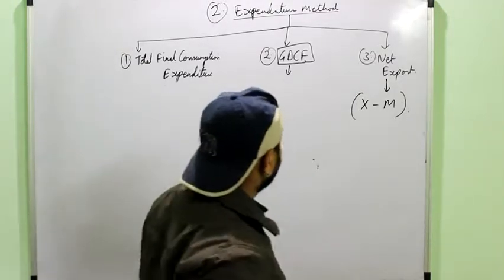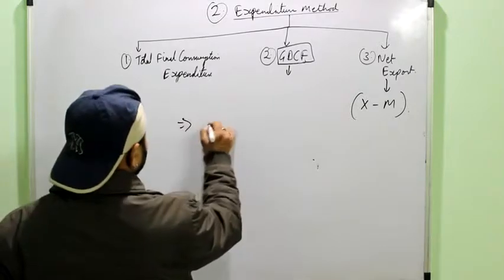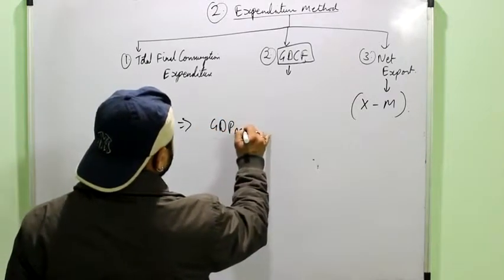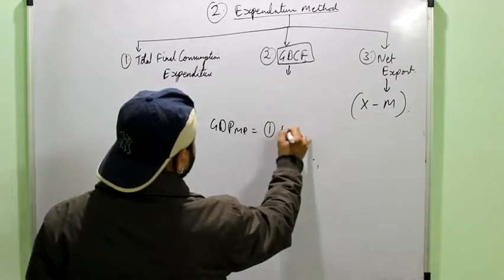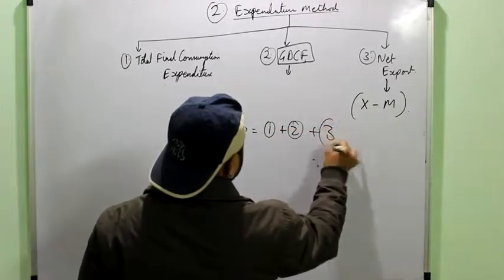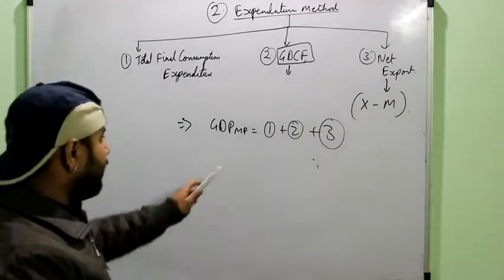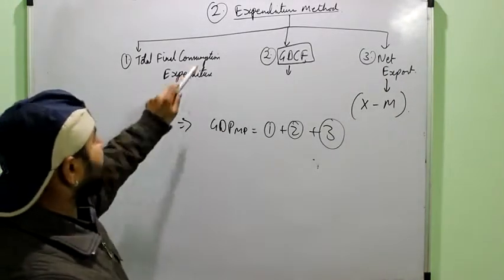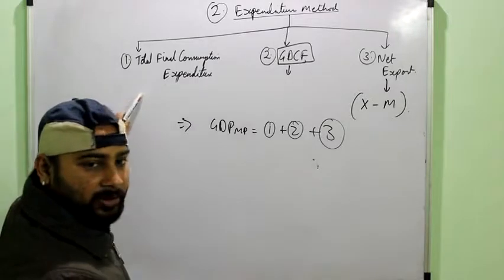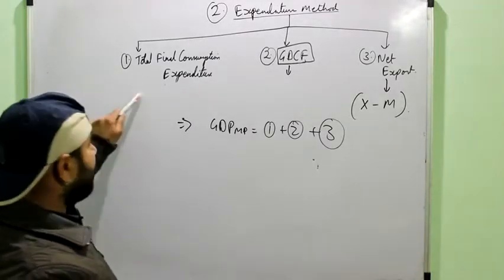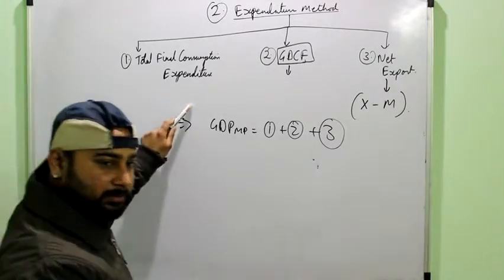Then one more before moving on: GDP MP is equal to 1 plus 2 plus 3. This is the formula which you will use in the expenditure method, where 1 means total final consumption expenditure, which I have told you how to calculate: add the government final consumption and household final consumption.